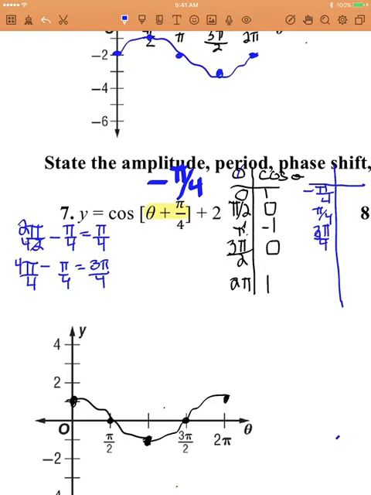And then now let's get 3 pi over 2, and let's subtract pi over 4 from that. Before we move on, I want to fix this guy up a little bit.